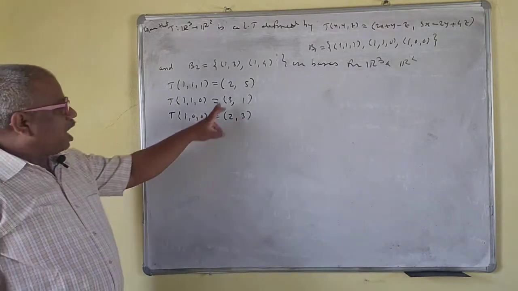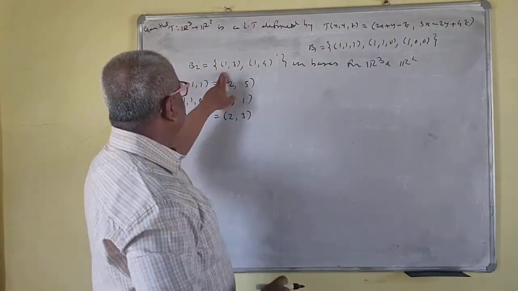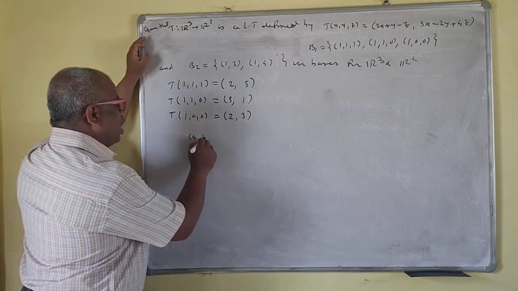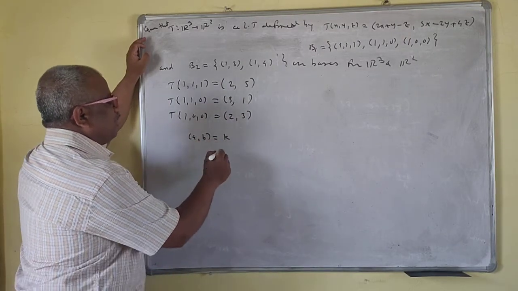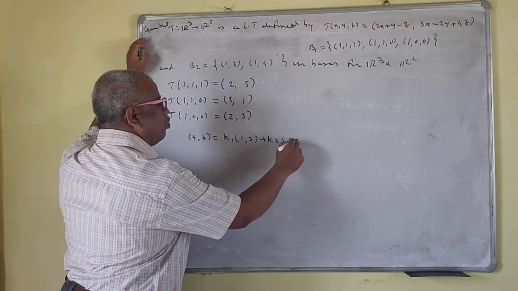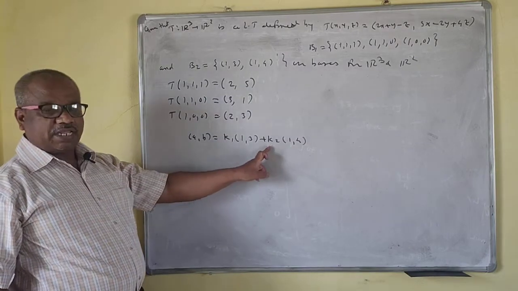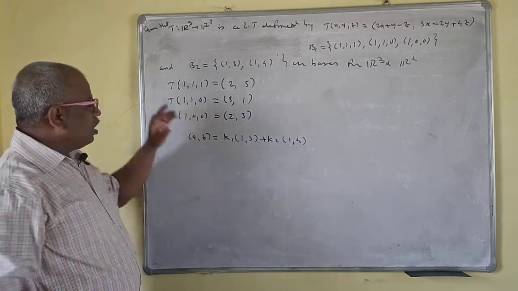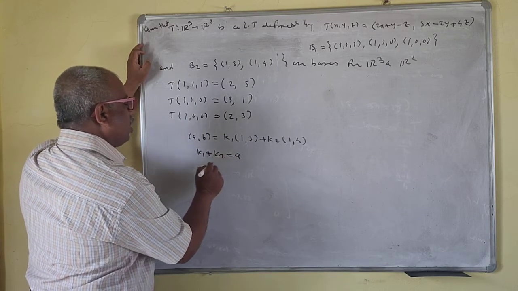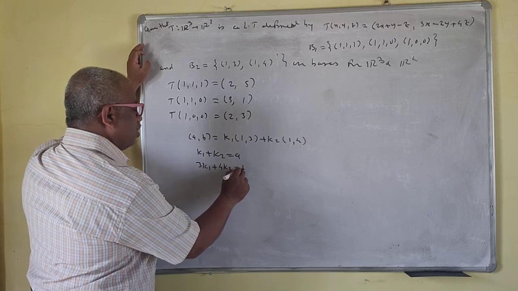Now we have to express these as linear combinations of the basis of R2. First, suppose (a,b) is equal to K1 times (1,3) plus K2 times (1,4). I will find the values of K1 and K2 in terms of a and b. So K1 plus K2 is equal to a, and 3K1 plus 4K2 is equal to b.